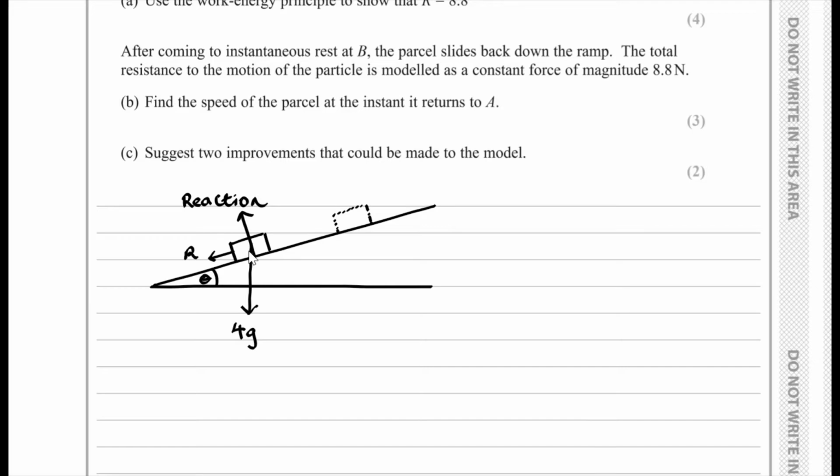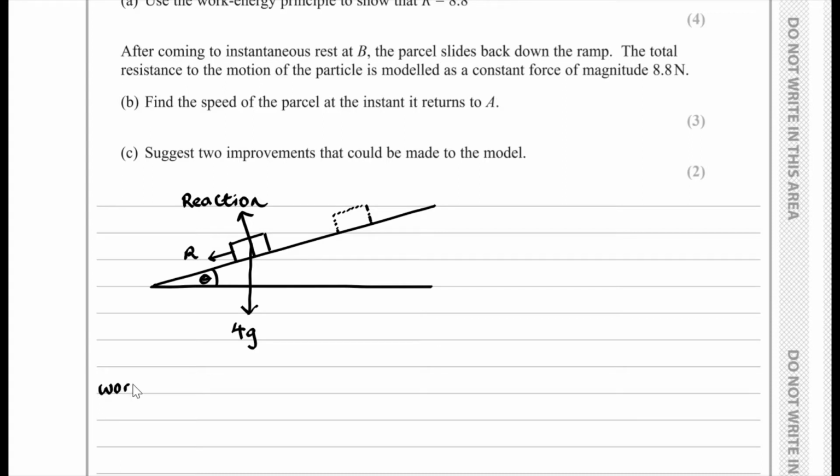The parcel starts at A, it ends up at B. And for us to show that R is equal to 8.8, we would have to use the work energy principle. So using the work energy principle, let's just write this down.